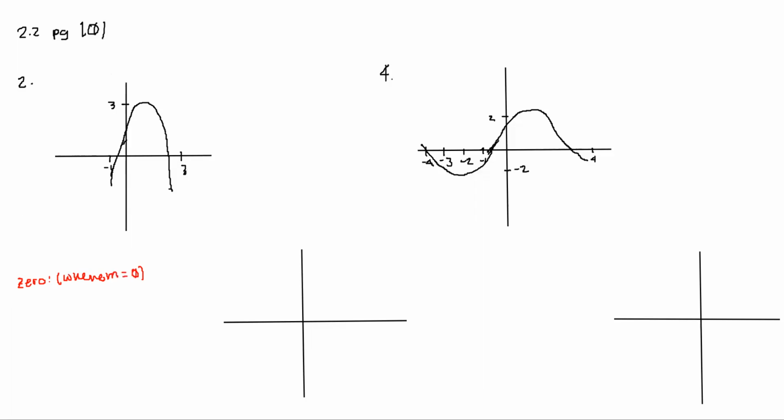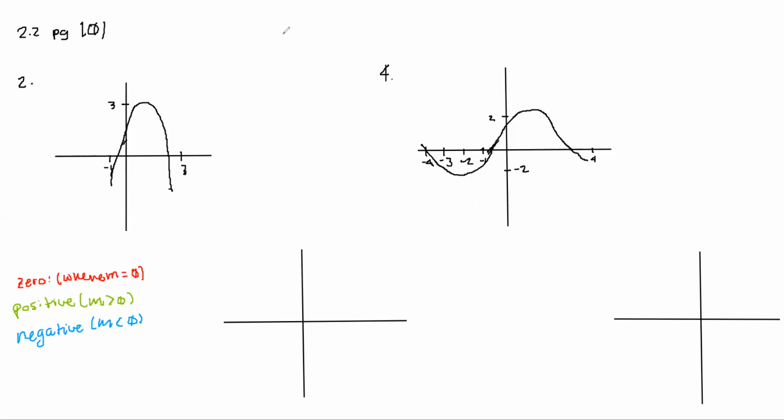And then I want to know where I have positives, and where I have negatives. So I'm really looking for what the slope is, and I always break it down into that.